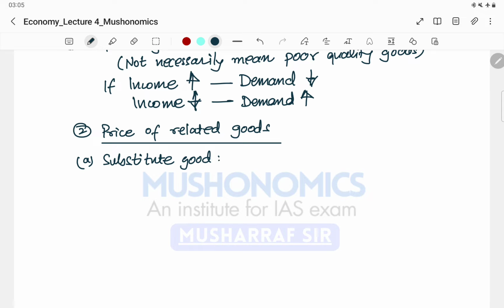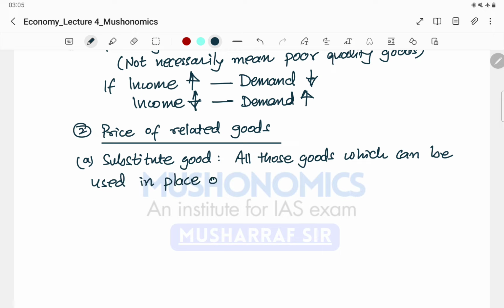What do we mean by substitute good? So first let's understand what is substitute good. All those goods which can be used in place of one another.